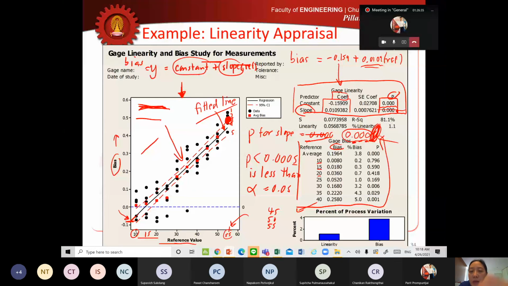And then you will see that the numbers of bias increase when the reference values increase, right? Which is corresponding to this graph, right? And then it will compare this amount of bias with the process variation. It will calculate the percentage bias.